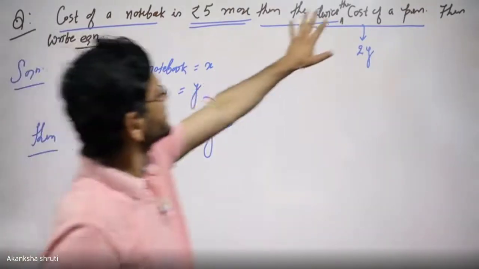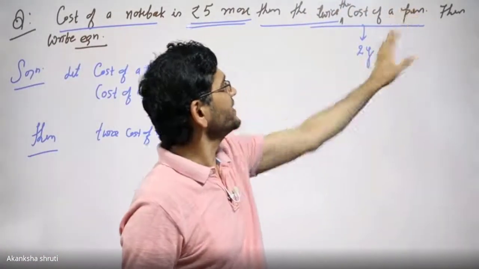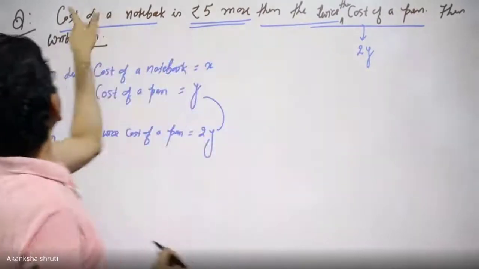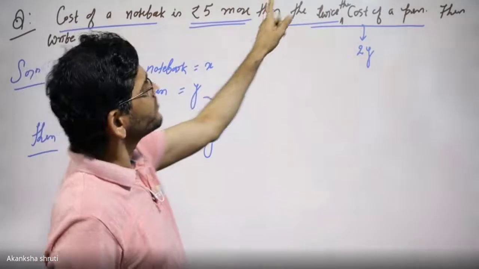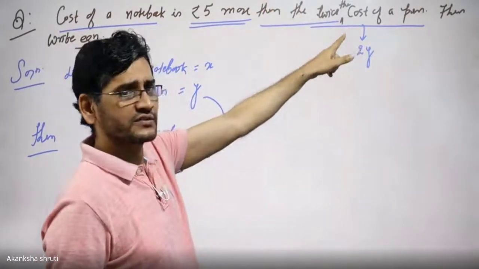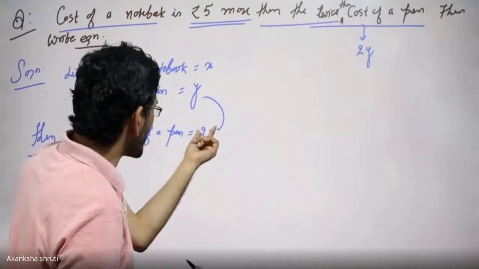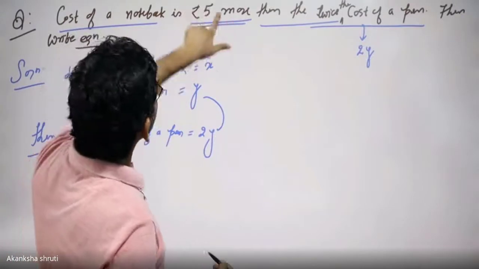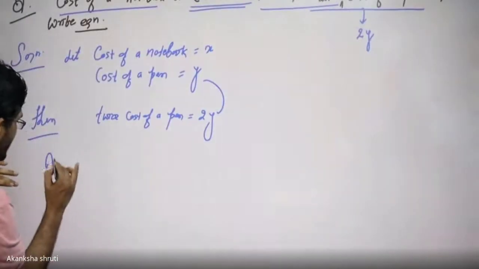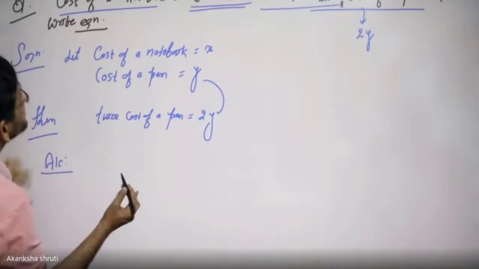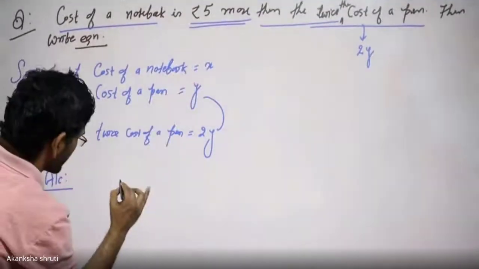I have written this much: twice the cost of a pen. Now it is saying that the cost of a notebook is ₹5 more than twice that. Even after taking it twice y, the cost of the notebook is still ₹5 more.